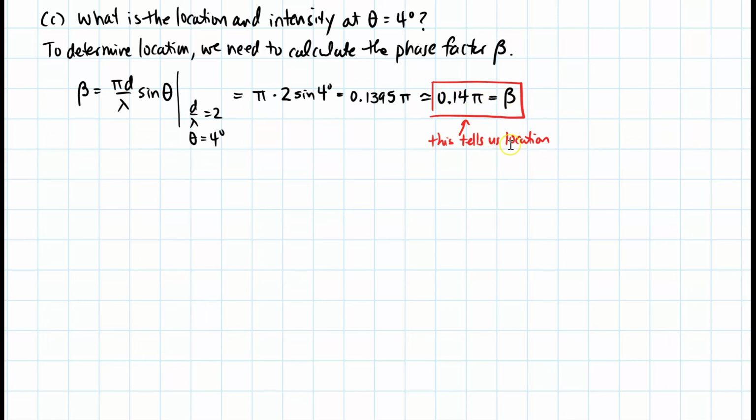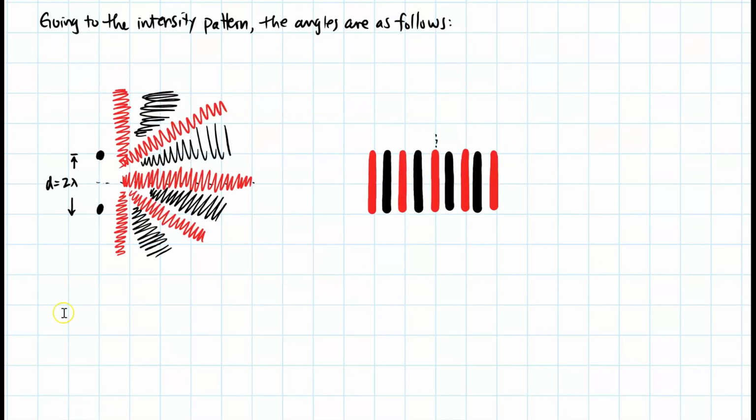This tells us the location. Going to the intensity patterns, this is what we know about the angles. This is 0 degrees, and these two are 90 and minus 90. So when I come over here, you could see that the farthest to the right is plus 90, farthest to the left is minus 90. So where is 4 degrees?